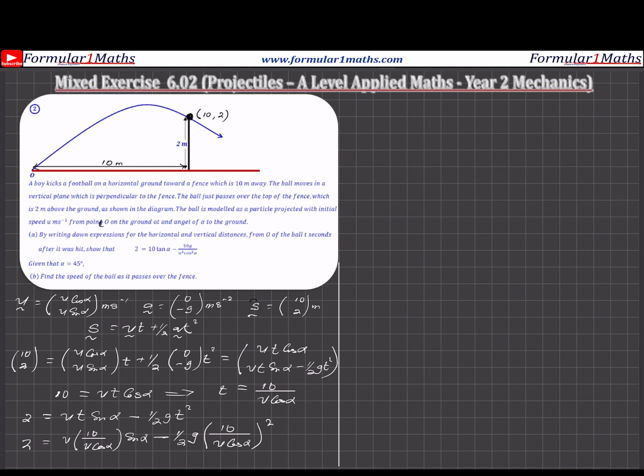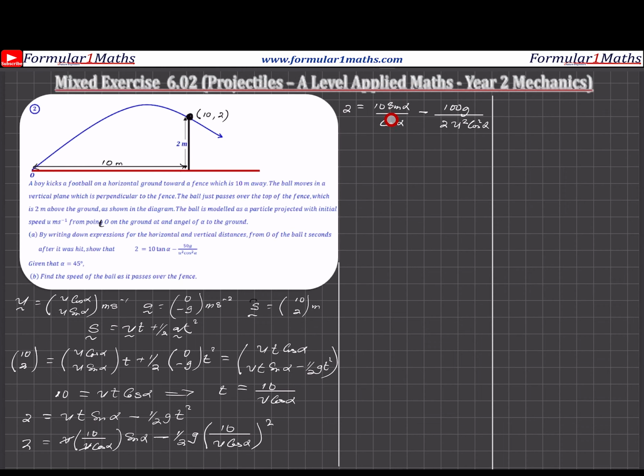I can now see that this u will cancel the u, and the whole equation will now be reduced to 2 equals 10 sine alpha over cos alpha minus 100 g over 2 u squared cos squared alpha. Now, sine alpha over cos alpha is tan alpha.